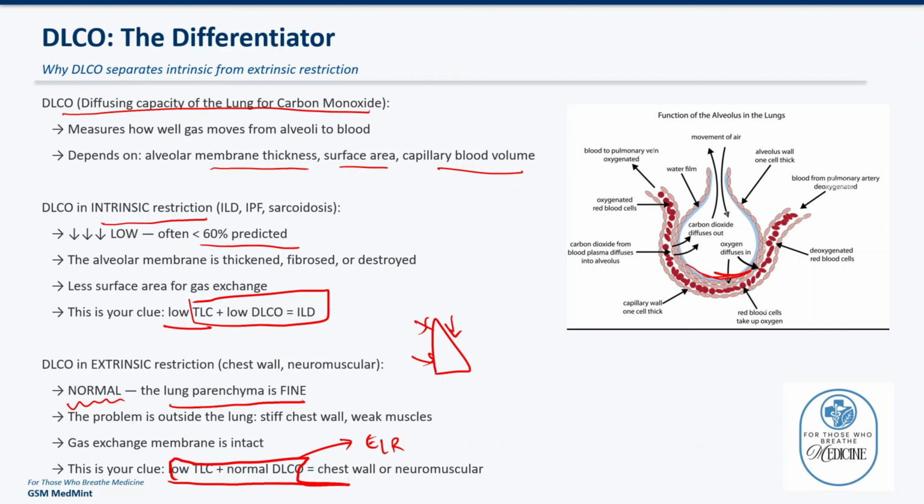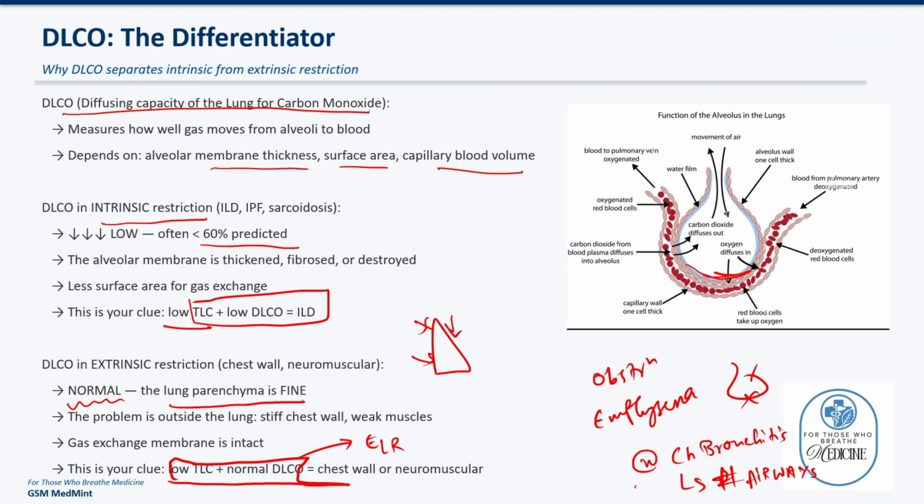Remember, if we talk about obstruction, the DLCO is low in emphysema because the alveoli are destroyed. The DLCO is normal in chronic bronchitis, because the problem is in the airways.